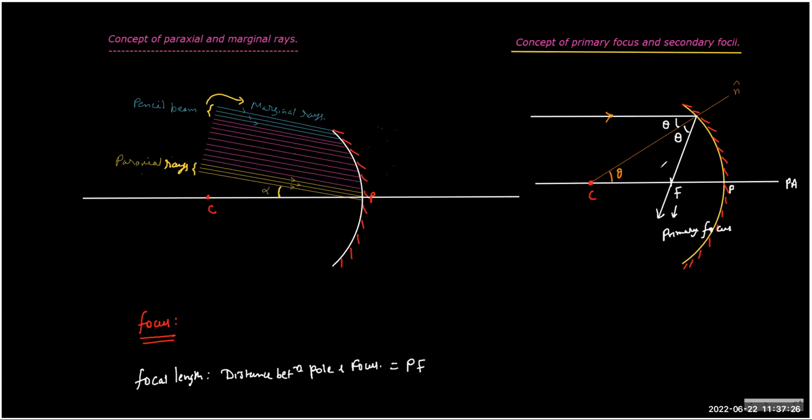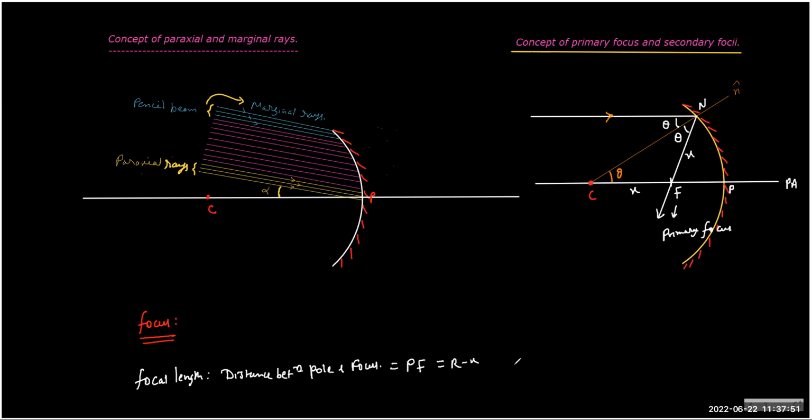So you have to do it from geometry. If I call CF as x length, let's call this point N. Then FN will also be x from the property of a triangle: equal angles will have equal sides. Then the focal length is actually PF, and PF is how much? R minus x.